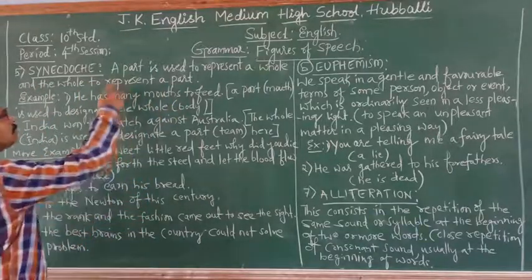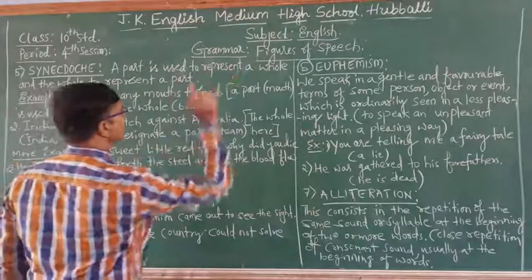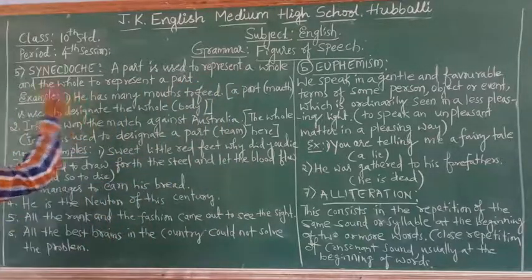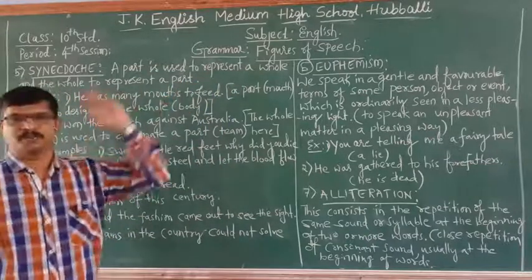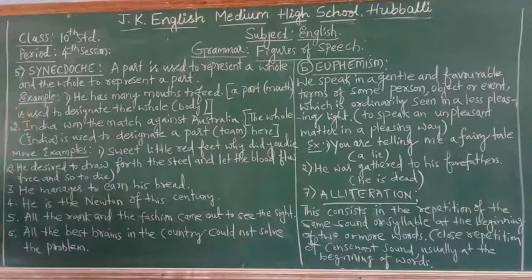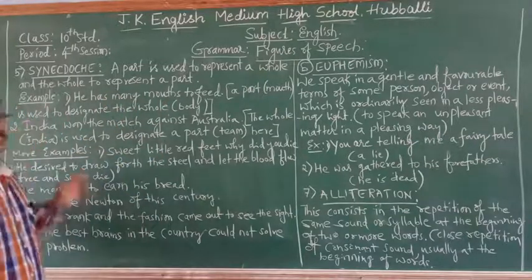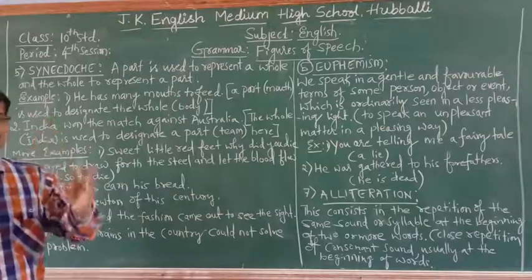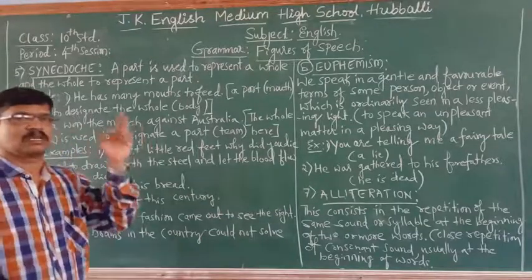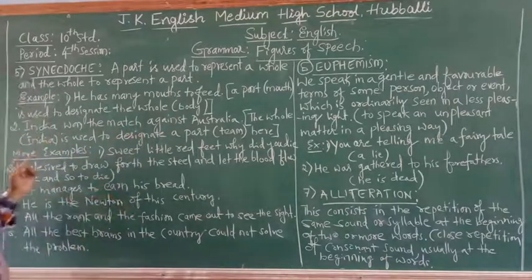Listen carefully, children. Repeat once again: a part is used to represent a whole, and the whole is used to represent a part. Example. See the first example I have written. Listen carefully and simultaneously write it down in the grammar book.